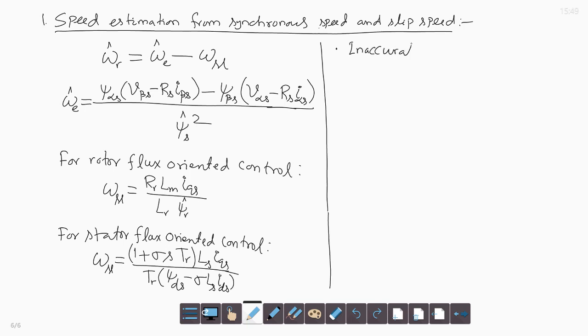So, this speed is inaccurate near synchronous speed, when the rotor speed is near to synchronous speed, because omega SL is small. So, slip omega SL estimation is inaccurate.